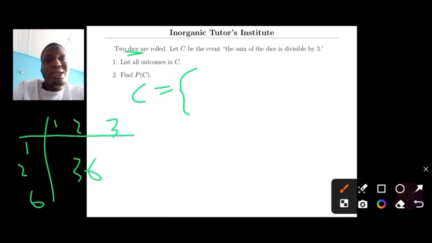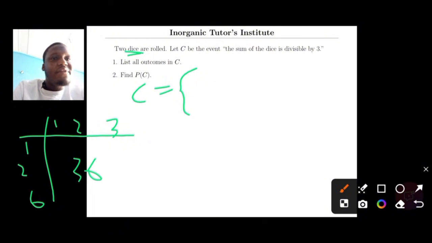So it's best to draw the table and visualize which of them is divisible by 3. But my screen might not permit me to do that, and it's also important to show you this way so that you can be a little versatile as to what you want to use.